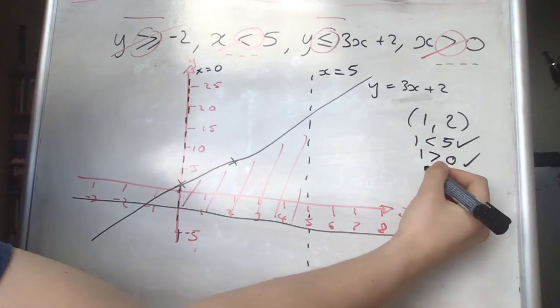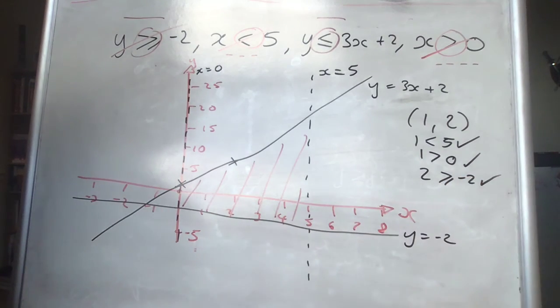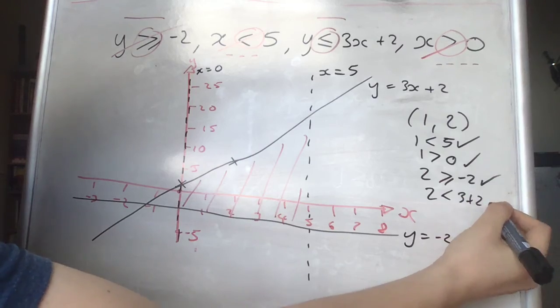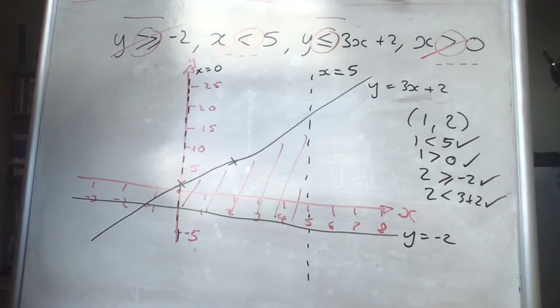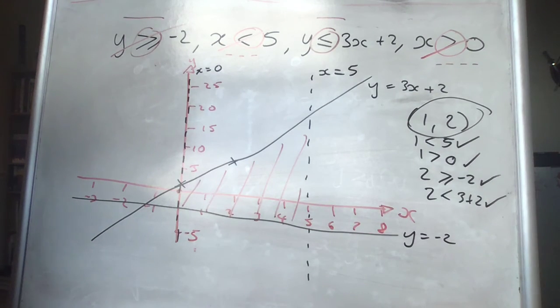So is 2 greater than or equal to minus 2? Well, yes, it is. And is 2 less than or equal to 3x plus 2? And yes, that is true as well, because if we plug in the x here, we get 3 plus 2, which makes 5, so 2 is less than 5, yes, okay? So it seems that our test point here does satisfy, so it is a point within the region.